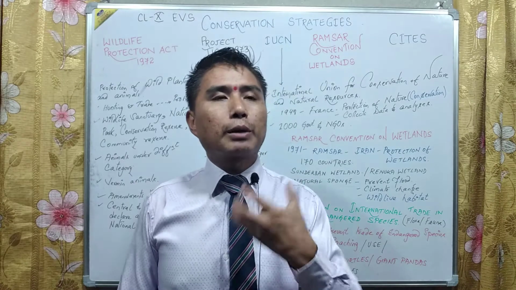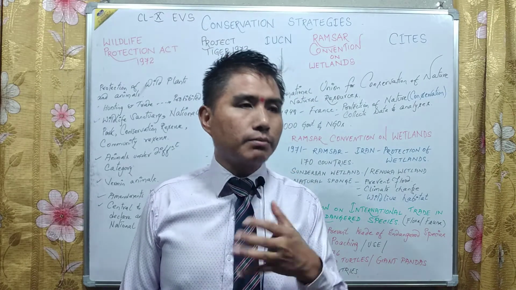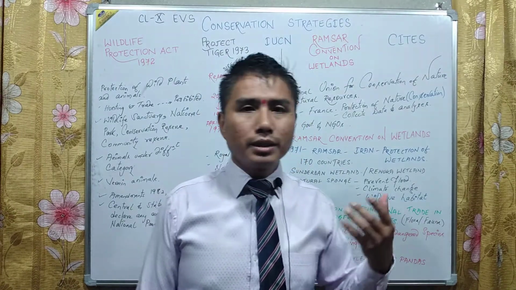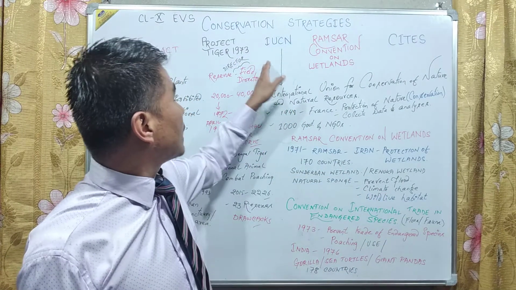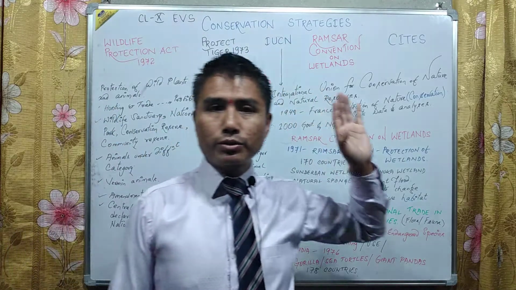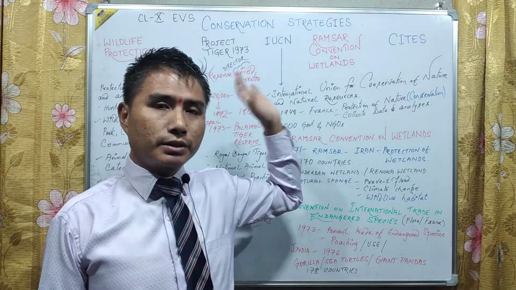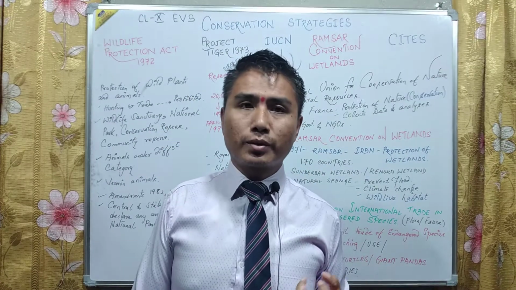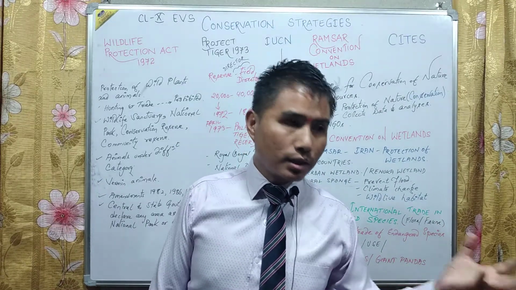A proposal had also come to take the lion as the national animal, but later on, after 1972, with the initiation of Project Tiger in 1973, the tiger was taken as the national animal, like the lotus as the national flower.